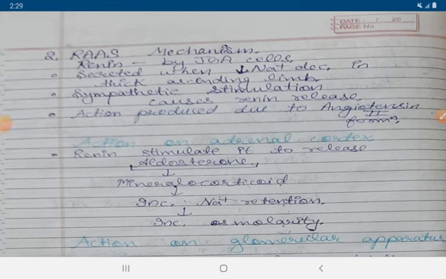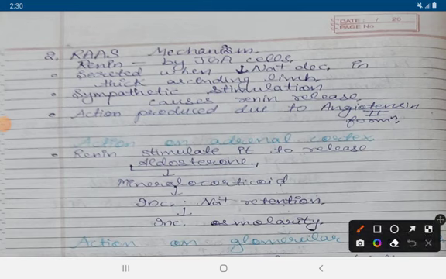Now the second example of homeostasis in maintaining fluid osmolarity is the RAS mechanism, renin angiotensin aldosterone system mechanism. Renin is a hormone which is secreted by juxtaglomerular cells.